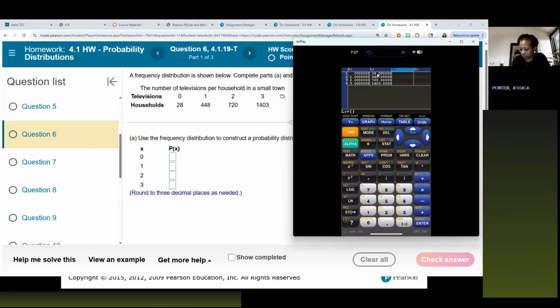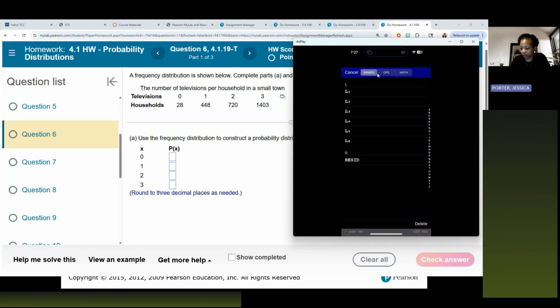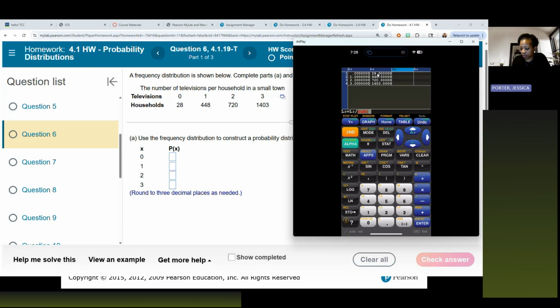Let me do it again. You have to be in that top part, L2, second. You're really going to know how to do it now since this is the third time I'm doing it. Sum, second 2. There we go. So that's how you do that.